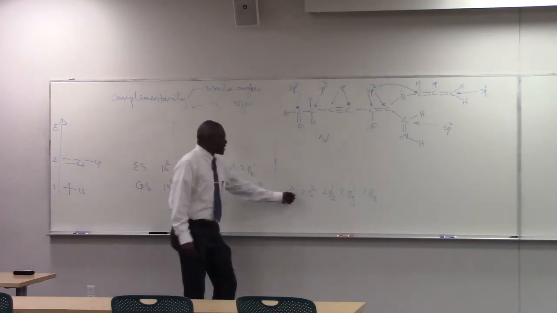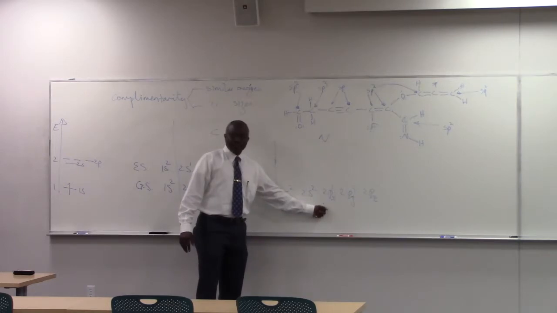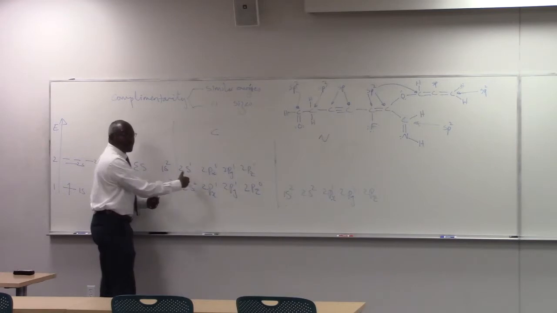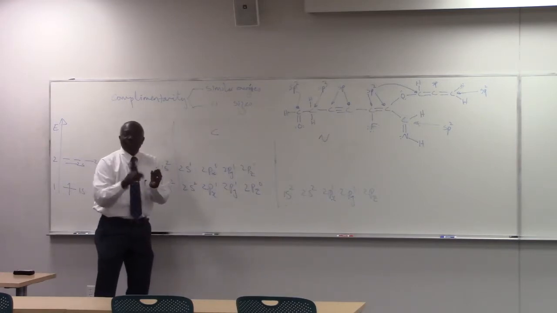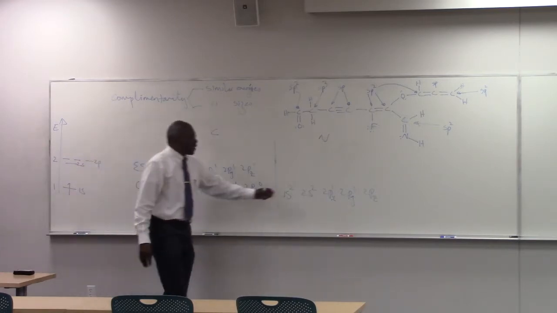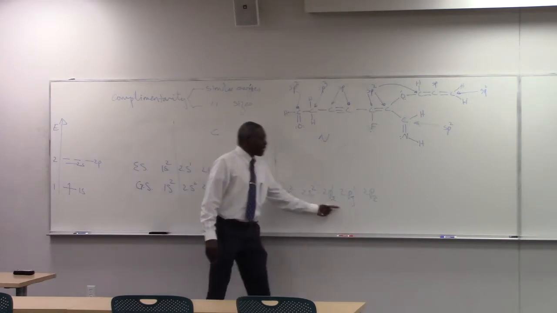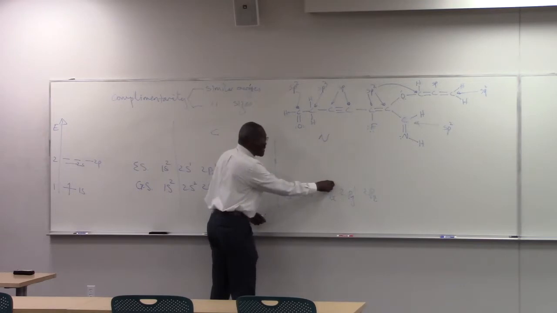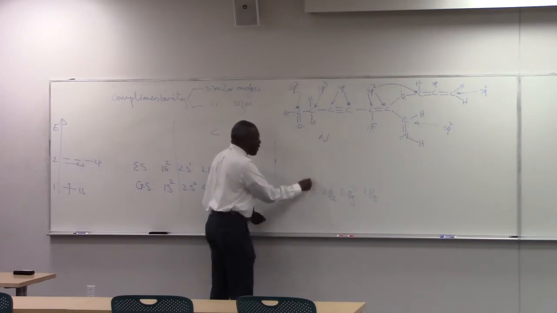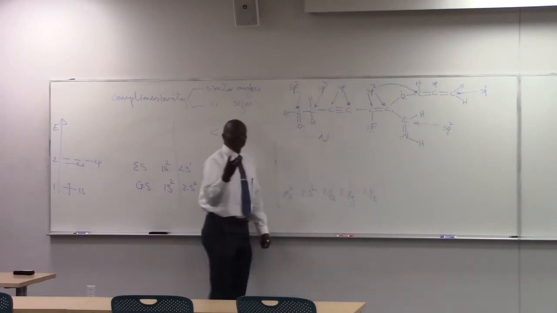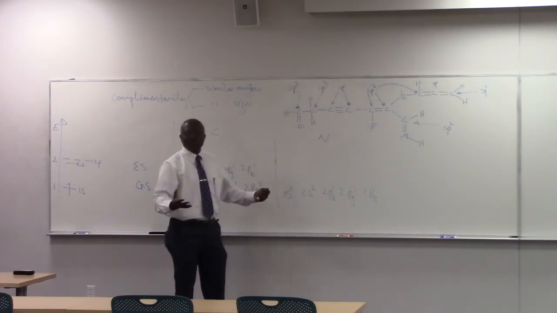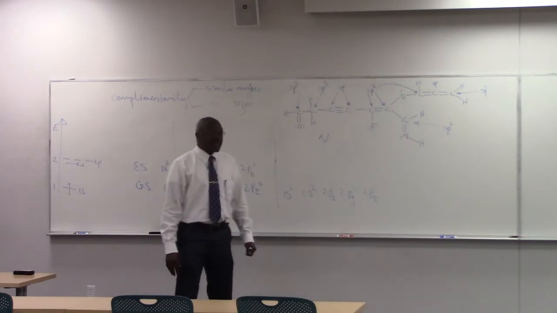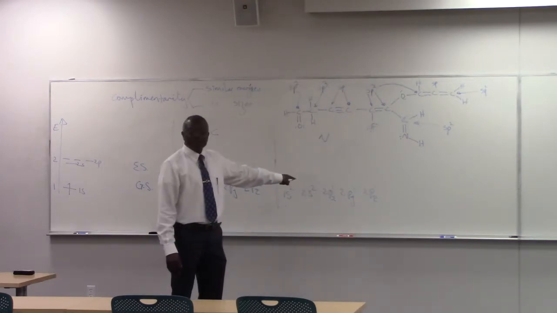All nitrogen will do is hybridize from here. So carbon underwent excitation first to go from 2 unpaired electrons to 4. With nitrogen, I have 3 unpaired electrons. If I take one of these and pair it here, I'll have 1, 1, 1. I'll still have the same 3 unpaired electrons. So there's no value to promoting. So when nitrogen hybridizes, it hybridizes from that configuration.